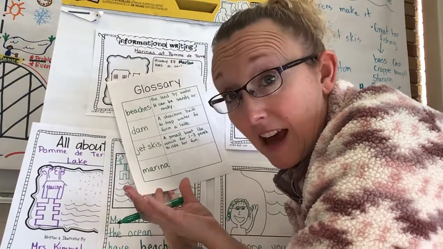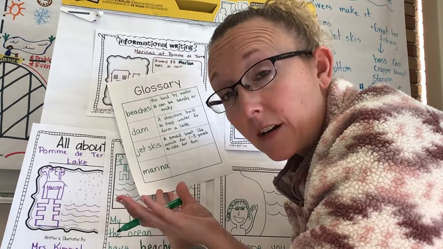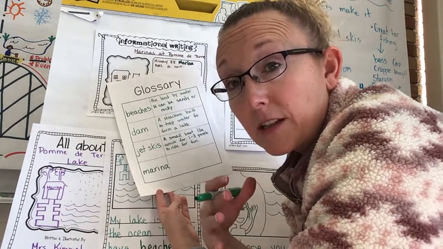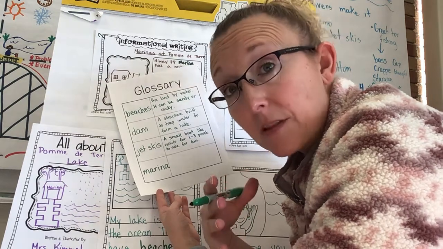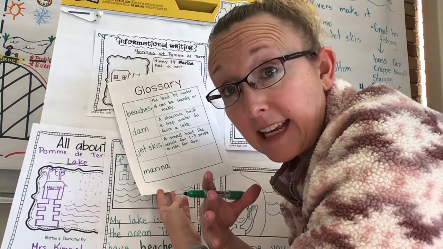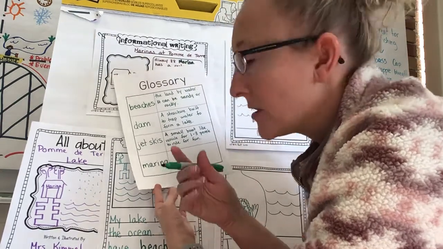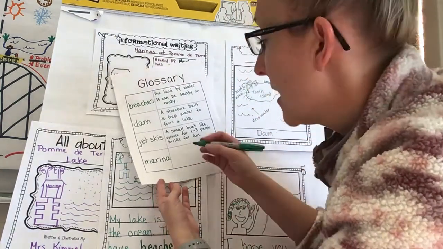Okay? A marina. A marina is a lot like a gas station on the water. So it is a dock, but it also has a building in it that has maybe like supplies, snacks, gasoline, things like that. It's a lot like a gas station on the water. So I think I might explain it like that.